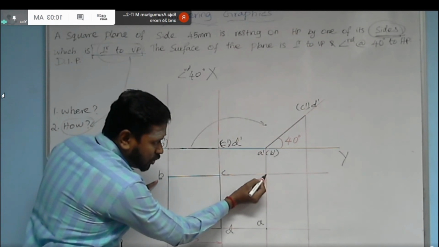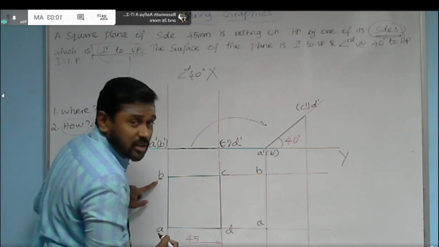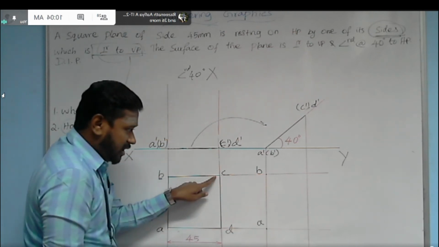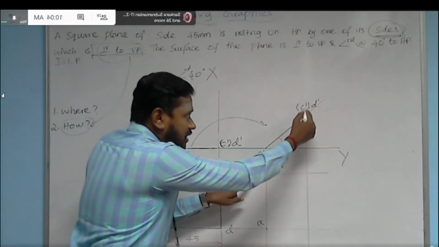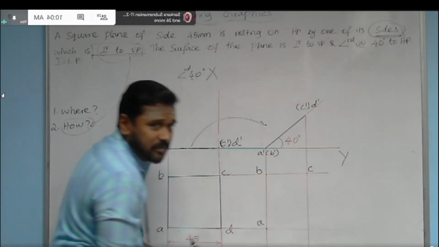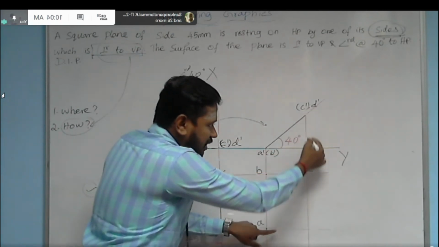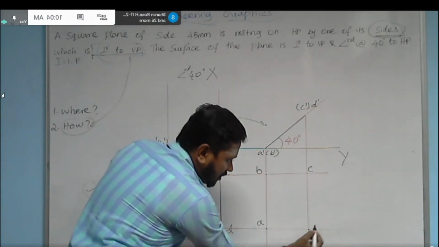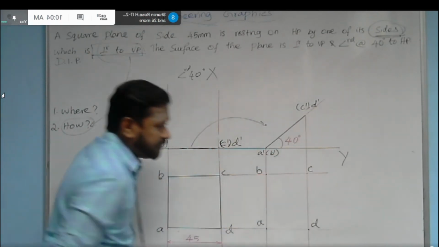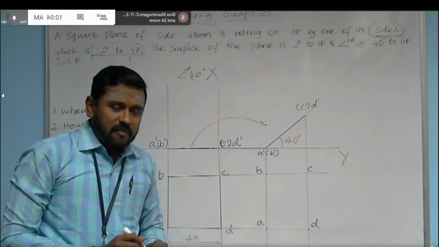When these two intersect, here you can mark the final point B in the top view. In the same way, the horizontal projector of C and the vertical projector of C dash give the final C, and the horizontal projector of point D and the vertical projector of D dash give the point D. So this A, B, C, D is nothing but the final top view.